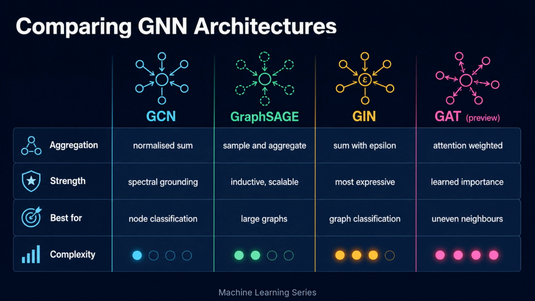GIN uses sum aggregation with a learnable epsilon, achieving maximum expressiveness for graph classification tasks. Coming up, GAT uses attention weights to learn which neighbors matter most, helpful when connections have varying importance. The choice depends on your task: node versus graph classification, transductive versus inductive setting, and whether neighbor importance varies. Often, trying multiple architectures and comparing is the best approach.